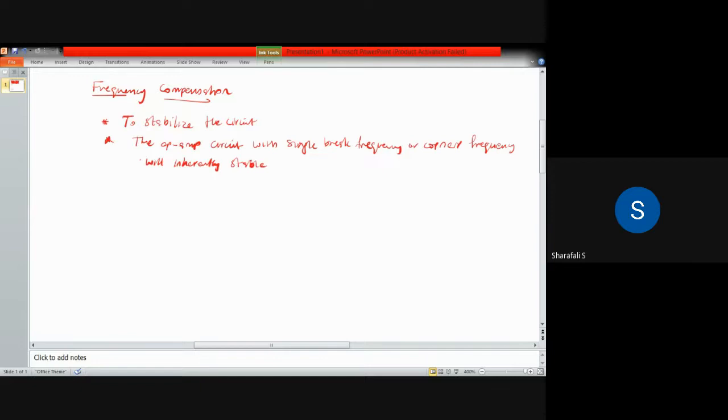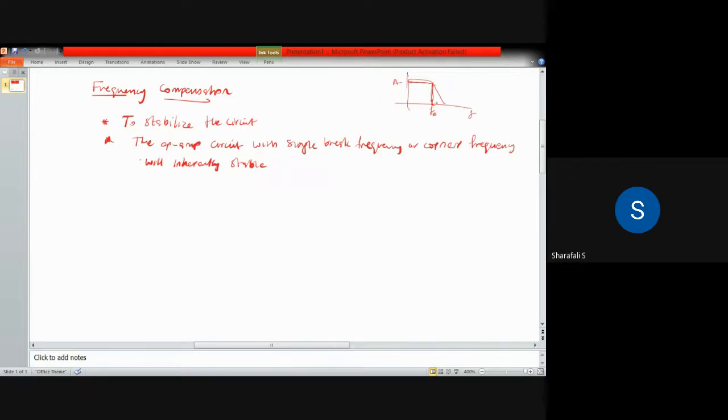So if your op-amp has only a single break frequency or corner frequency, which means that if you take the frequency response curve of gain versus frequency, and your op-amp has only one break frequency at this point, where you have the minus 3 dB gain, then that circuit will be stable.